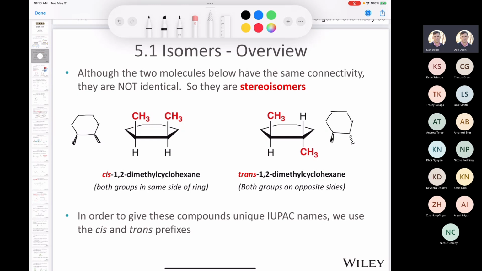Again, they both have the same connectivity, but the arrangement of the atoms in space is different. So in order to give these compounds unique IUPAC names, we have to use the cis and trans prefixes to let the reader know that they are not identical. They have a different spatial arrangement of atoms.